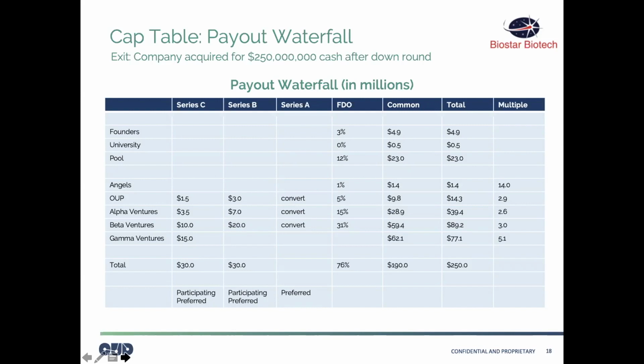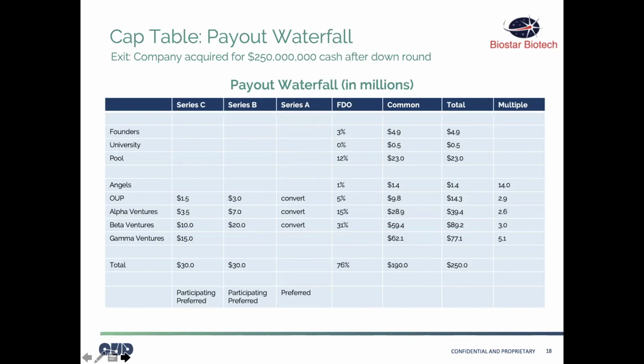And just to remind you that this payout waterfall, again, for purposes of illustration and simplicity, does not include the anti-dilution shares that would have been issued to Series A and Series B. Those shares would, in fact, shift some economics from the founders and university and the pool, for that matter, toward the Series A and Series B investors.